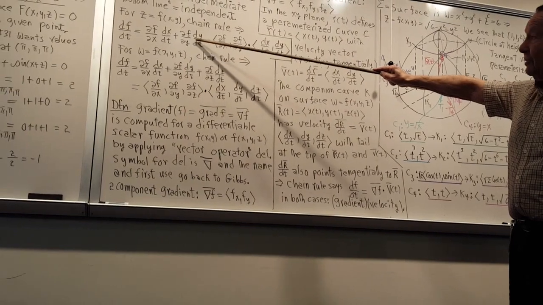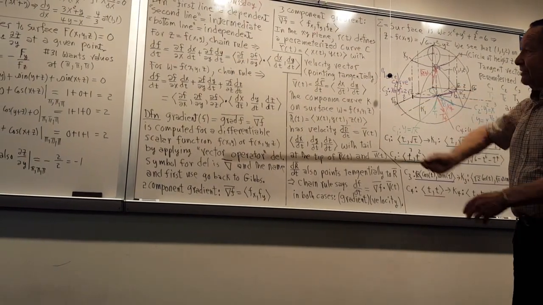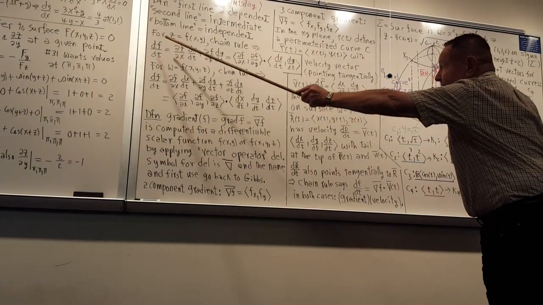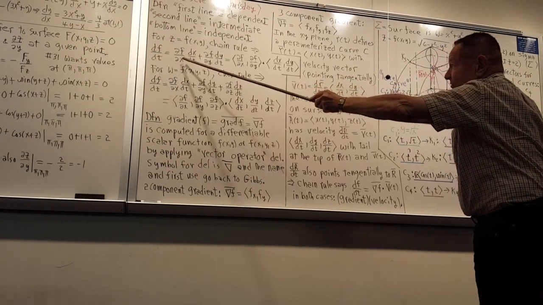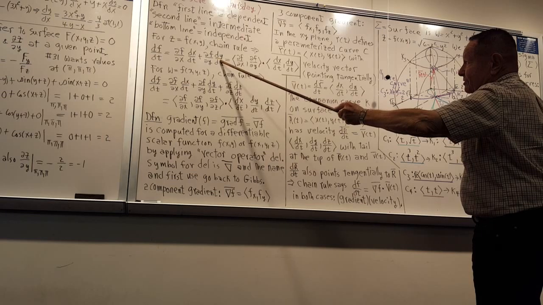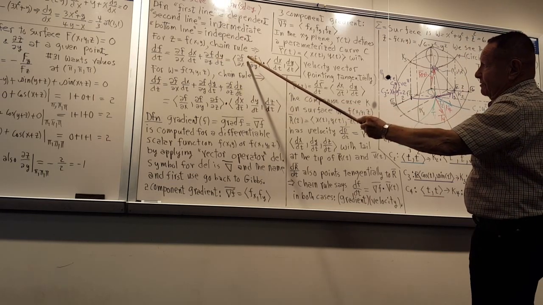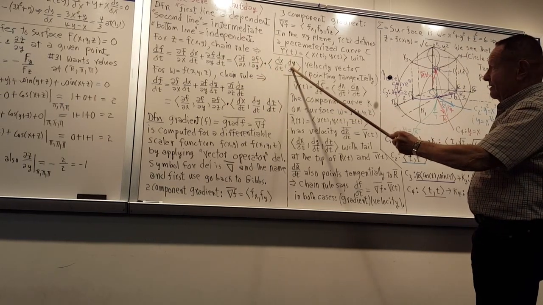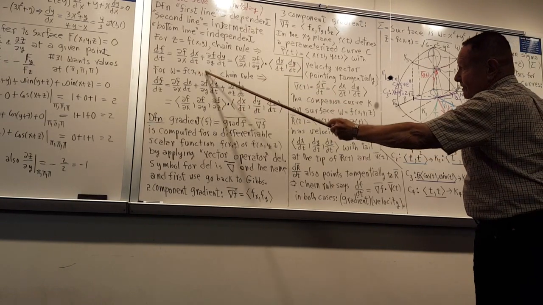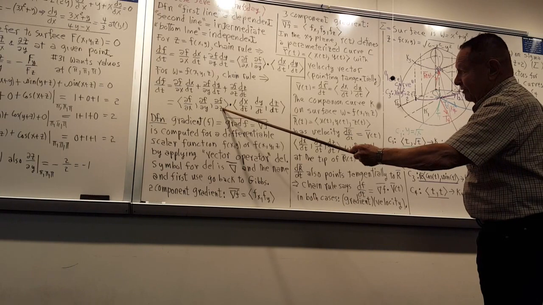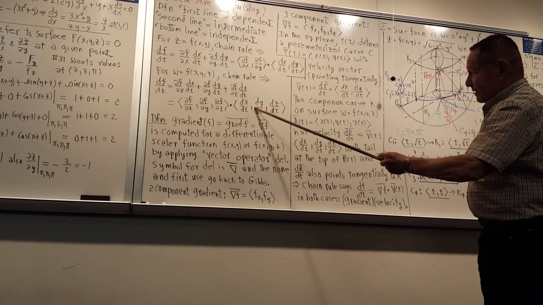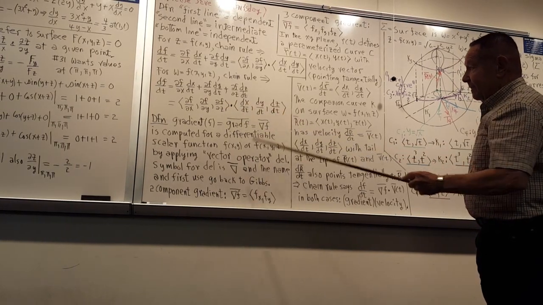Come back to what we were doing at the start of today's class. We have our chain rule derivative is either an expression like this, which is gradient times dr dt, or if it's three variables, an expression like this we call gradient, and the corresponding dr dt.